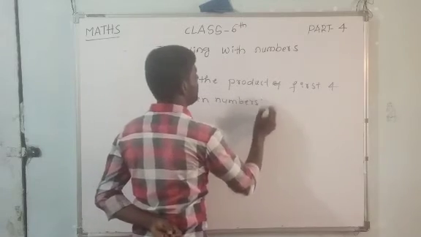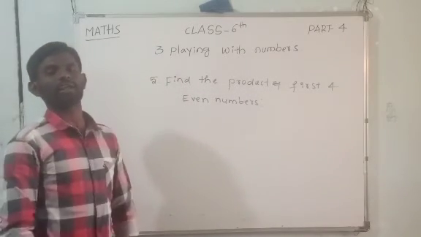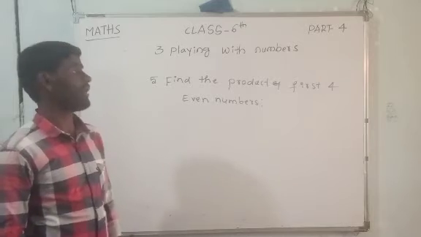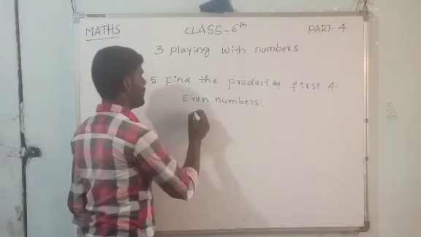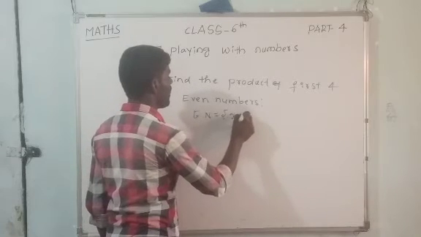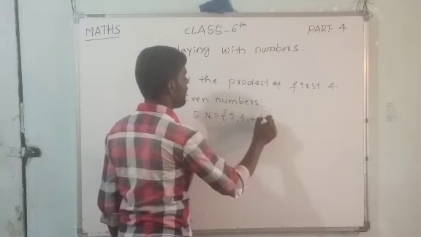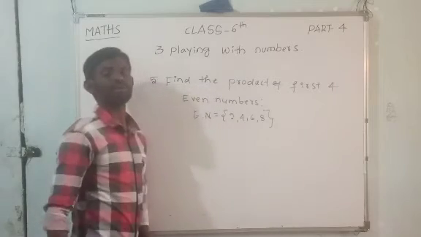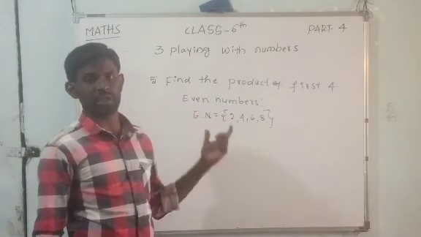Dear children, you know that even numbers, that is 2, 4, 6, 8. These are the first four even numbers.